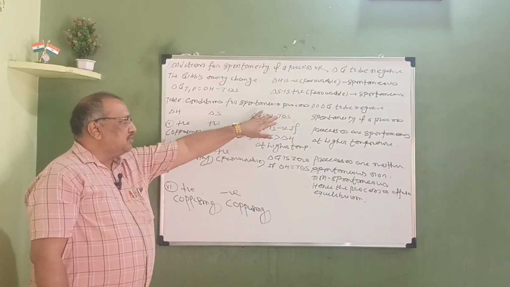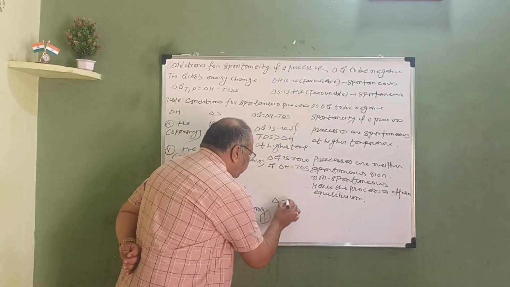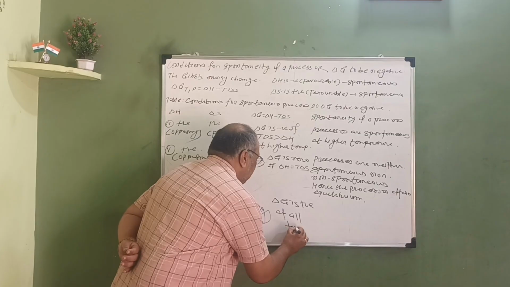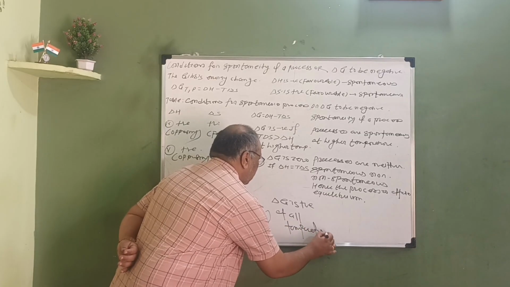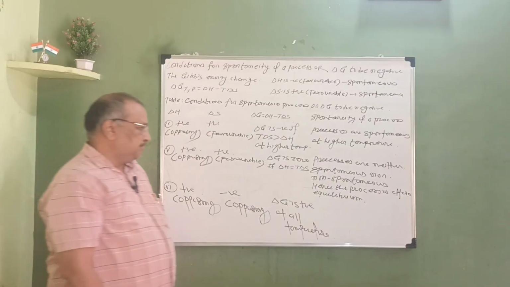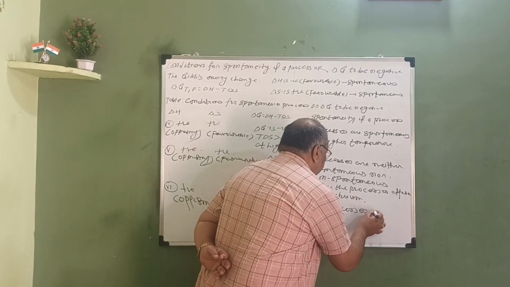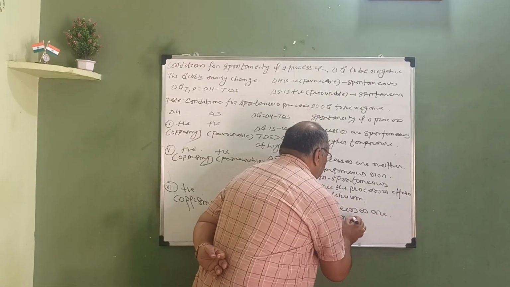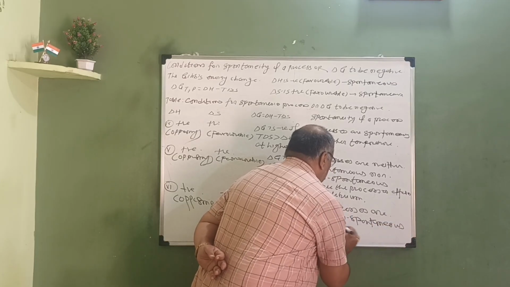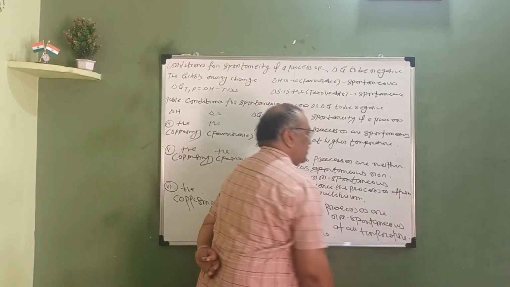That means this is positive and this is also positive, and hence delta G is positive at all temperature, and hence processes are non-spontaneous at all temperature.